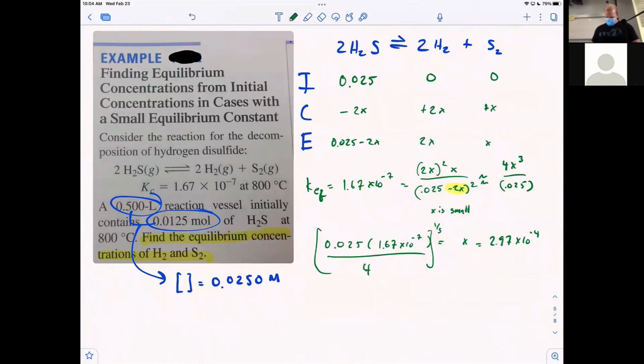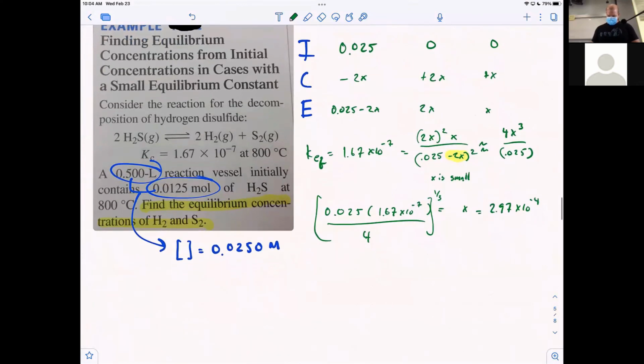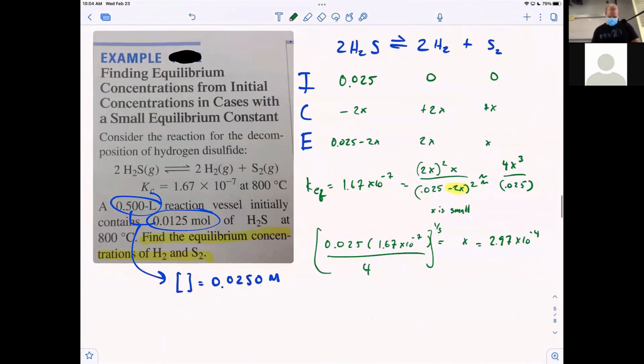And then the next step is the equilibrium. That means, so it just wants the concentration of the products, right? The equilibrium concentration of H2 and S2. So the concentration of H2 is going to be 2x, which is going to be 5.94 times 10 to the minus 4.